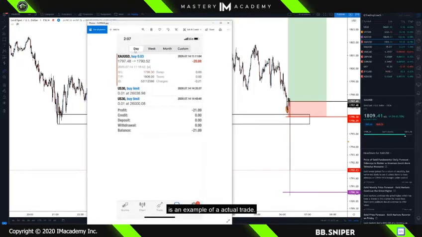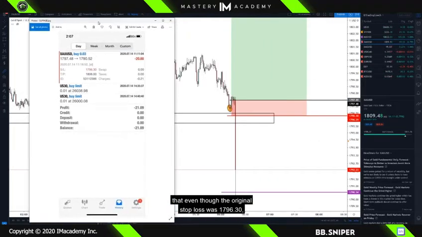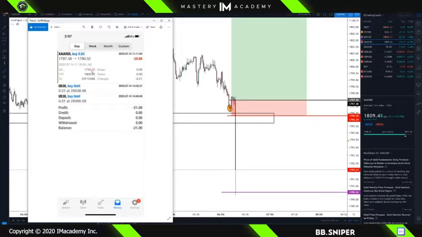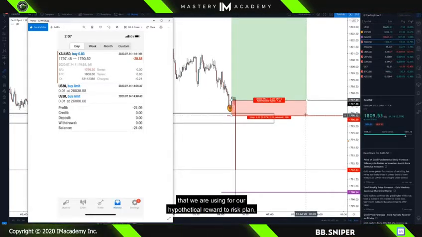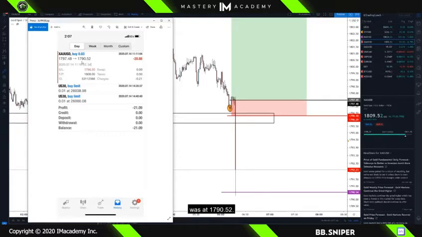This is an example of an actual trade. And as we can see, the day, 0714, the time lines up with this position. And we can see that even though the original stop loss was 1796.30, right where I have this red line at the end of this box that we are using for our hypothetical reward to risk plan, the price that the trade was exited was at 1790.52.